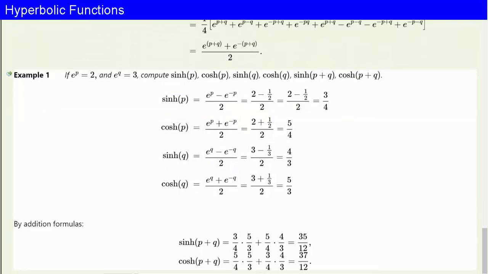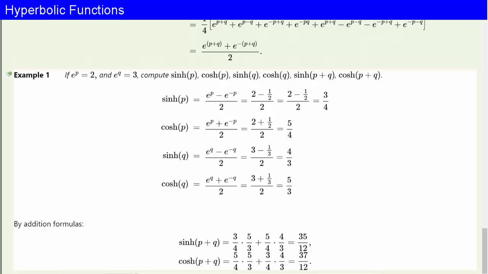To finish, let's do one simple example. Suppose you know that e to the p is 2 and e to the q is 3. We want to compute sinh p, cosh p, sinh q, cosh q, sinh of p plus q, and cosh of p plus q. Here we go.